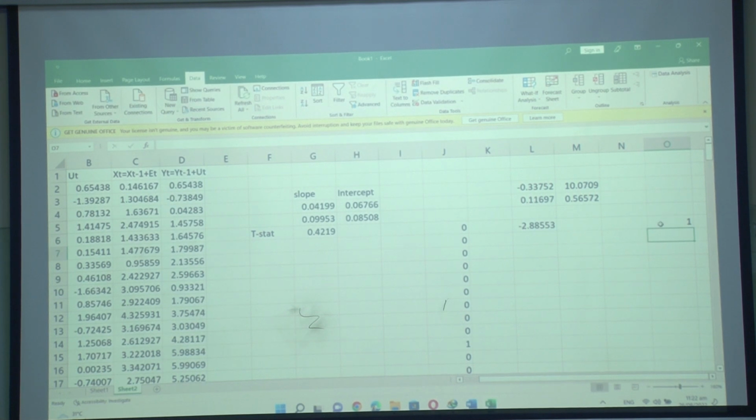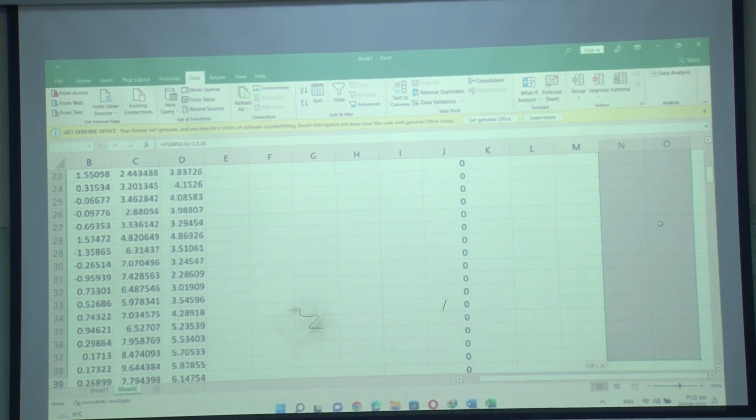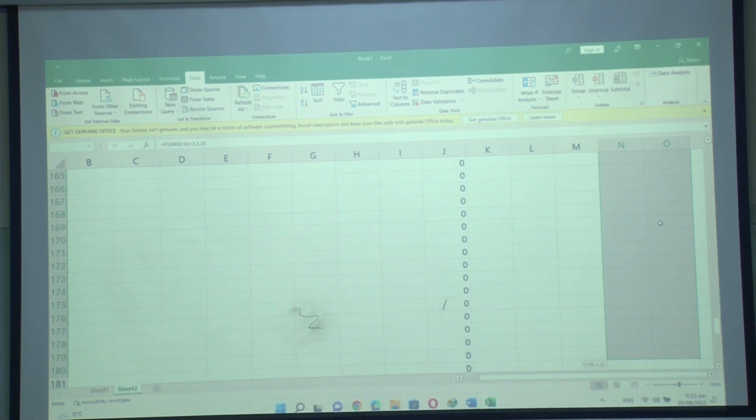And now I am simulating the same data again in the same way that we have done last time. We will make a large table and we'll ask the computer to repeat. How to make the table?